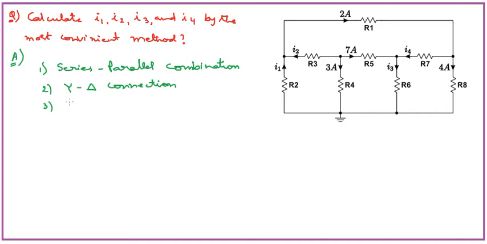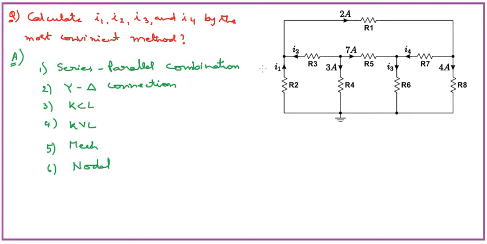The third one is Kirchhoff's current law. The fourth one is Kirchhoff's voltage law, the fifth one is mesh analysis, and the sixth one is nodal analysis. Out of these methods, we need to identify the most convenient method for this particular problem.